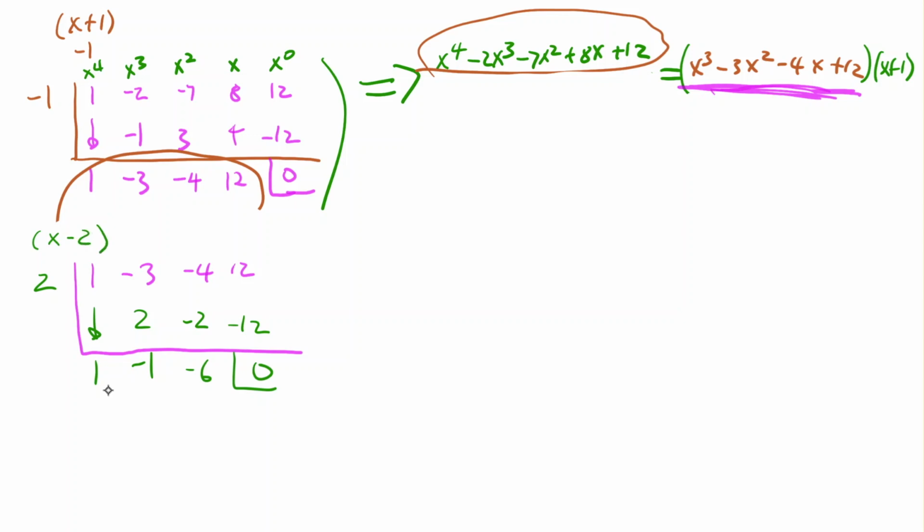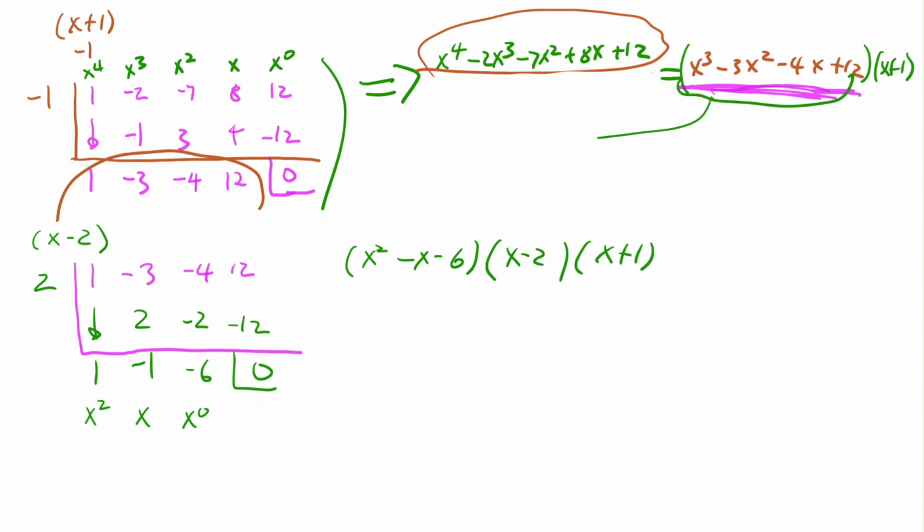And this is now the x squared term, and x term, and the constant. So far, what we did is we're able to factor out x squared minus x minus 6, and we factor with x minus 2 and x plus 1. So this right here, we just factor into these two, like this.